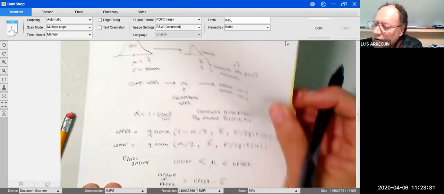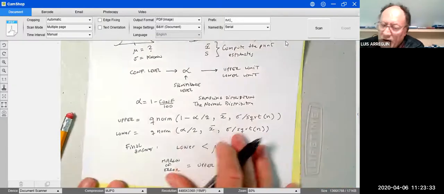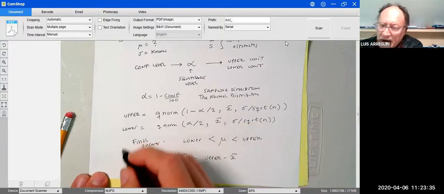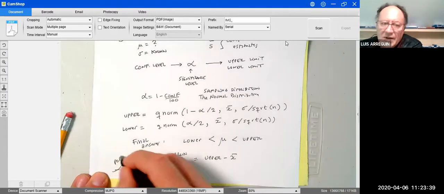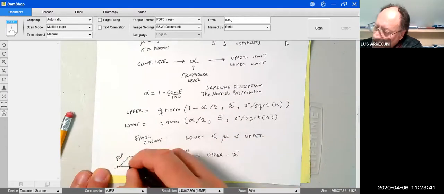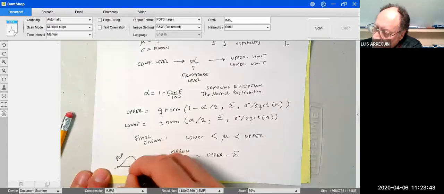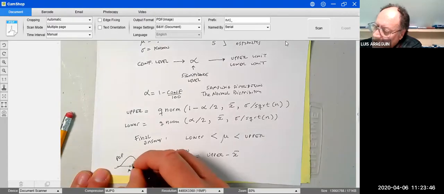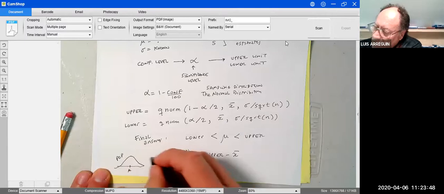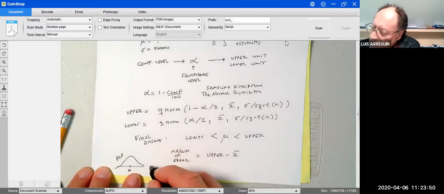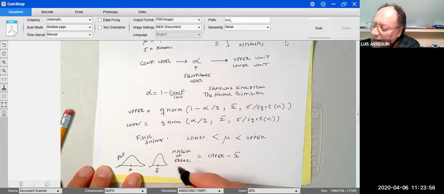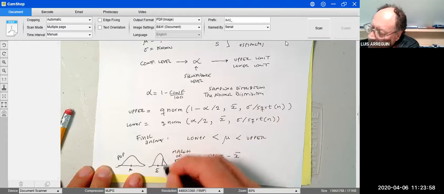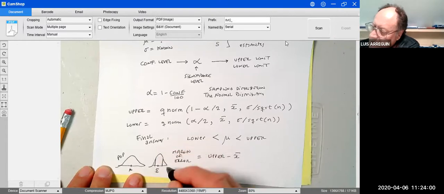So what is the margin of error in terms of the computation that we are doing? If you have your population, this is the population, and we are saying that the mean is here. We are trying to use a sampling distribution where we have here the mean of the sample, then we have the upper limit here, the lower limit here.